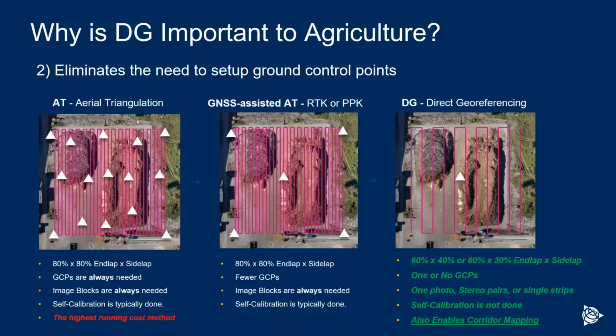Initially, we've been using aerial triangulation in the UAV segment as well as the crewed aerial segment. It's been around for a long time. It's a proven technology and it works well, but as you can see on the left-hand side here, it requires quite a number of ground control points in order to tie the relative points in the imagery to those coordinates that we collect on the ground.